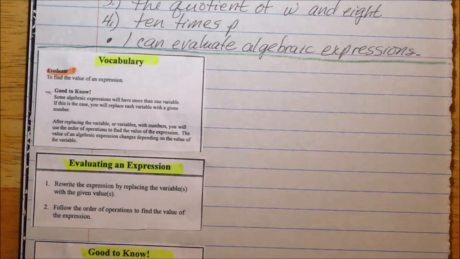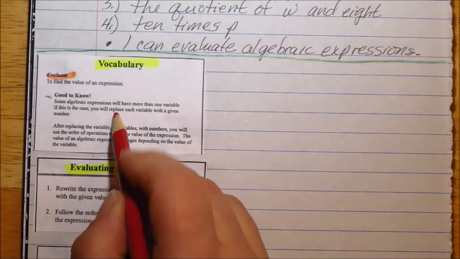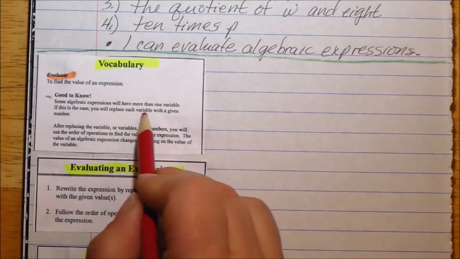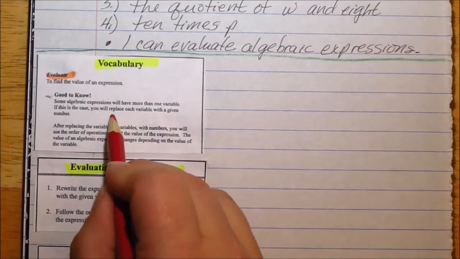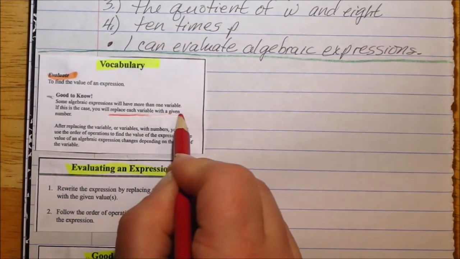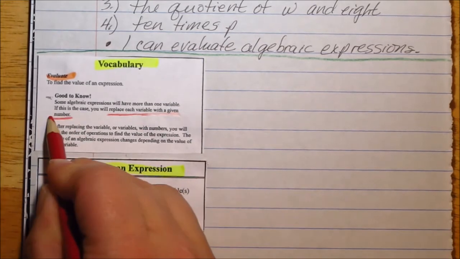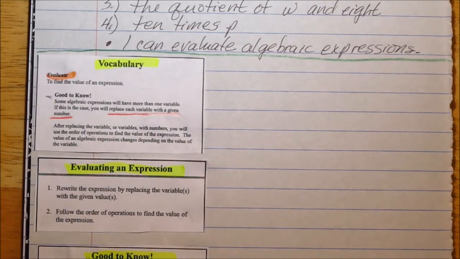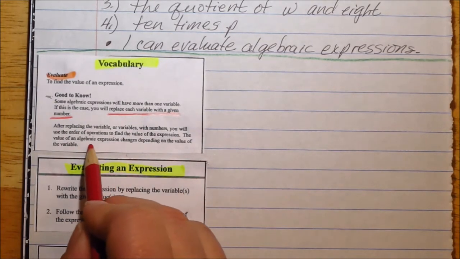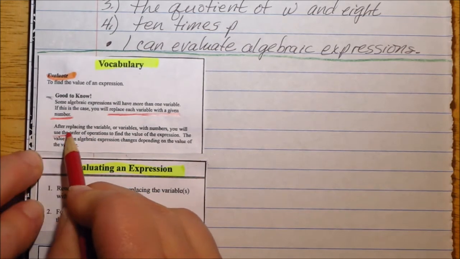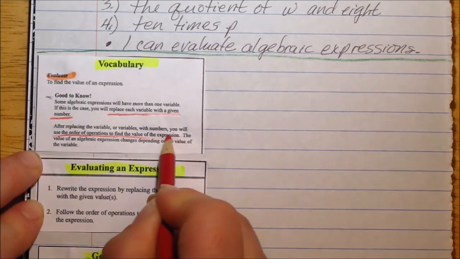Okay, so then evaluating an expression. I guess I did want to underline it. So we talked about this, but let's go ahead and underline. If you are given more than one variable, you will replace each variable with a given number. And then the next step is to use the order of operations to find the value of the expression.